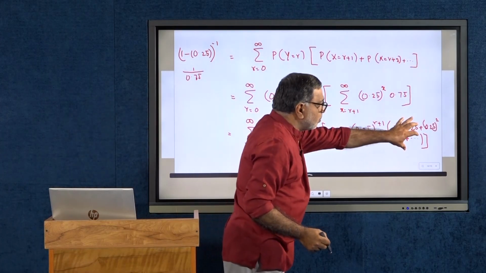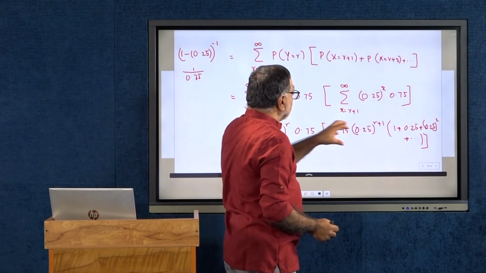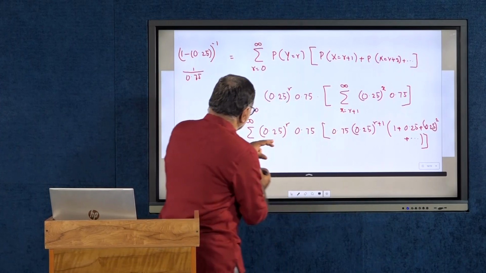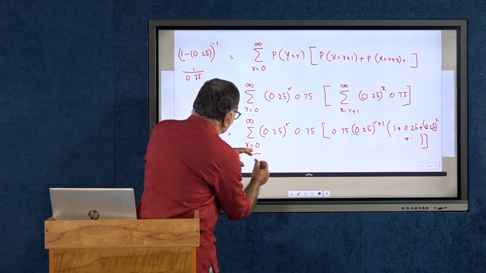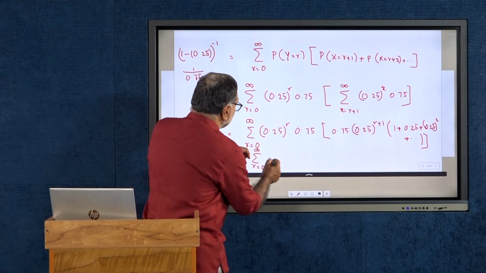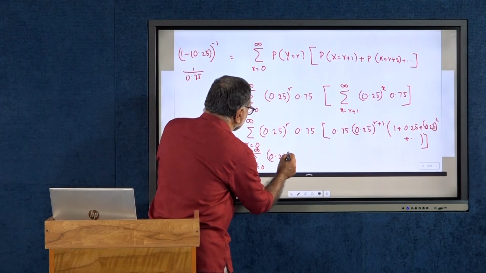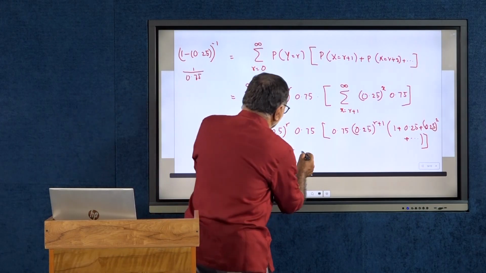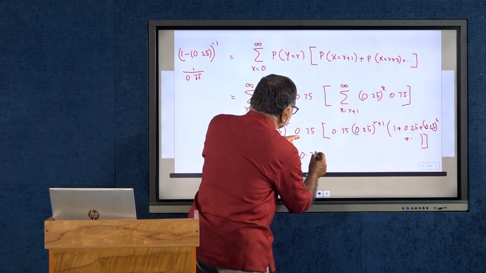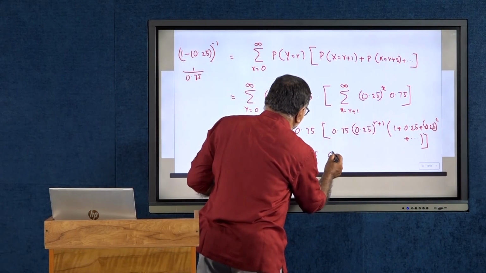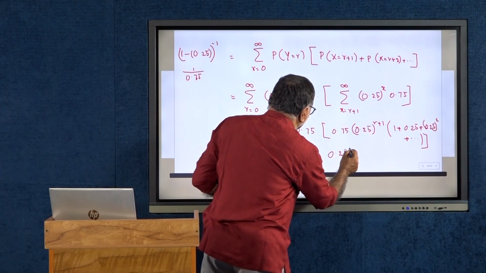That is 0.75 to the power minus 1, or 1 divided by 0.75. So this 0.75 cancels, and the remaining is the sum over R equal to 0 to infinity of 0.25 to the power R times 0.75 and 0.25 to the power R plus 1.